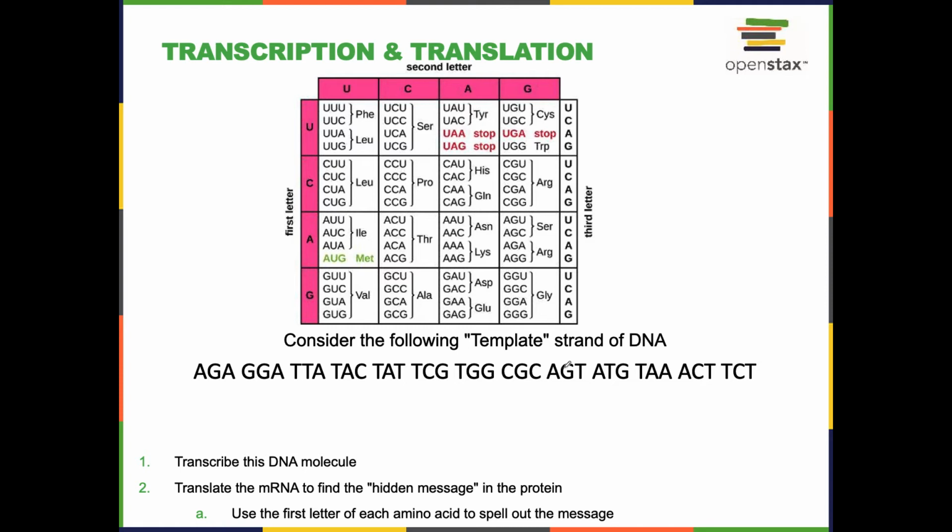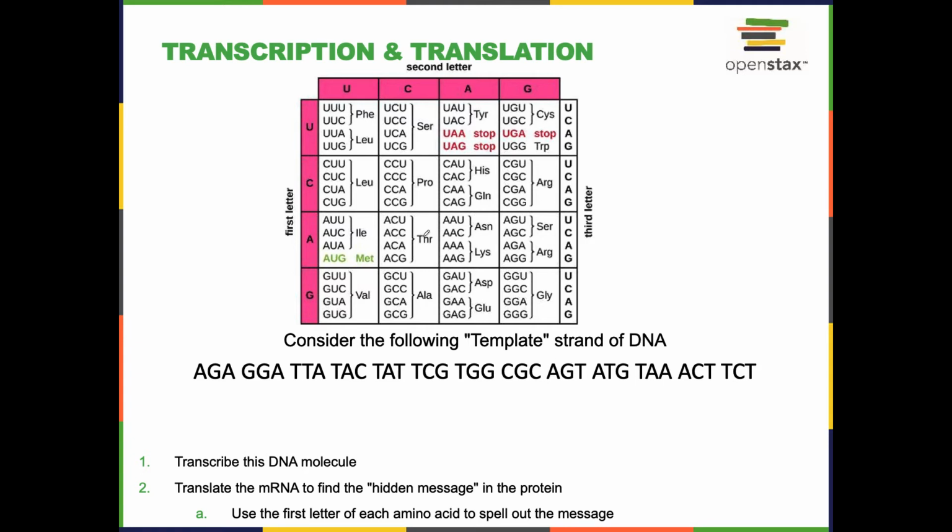Okay. So a couple rules to this. First of all, transcribe this to make our mRNA molecule, and then translate the mRNA to find what we call a hidden message. If you do this correctly, you'll find a hidden message. If you did it right, you will know you did it right. If you did it wrong, its message will not make sense. Couple rules, right?